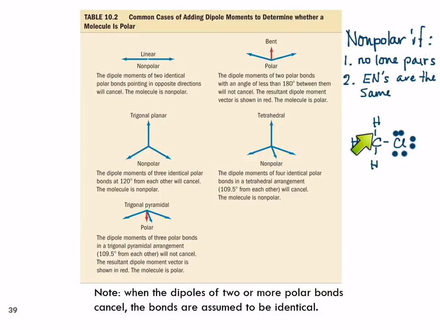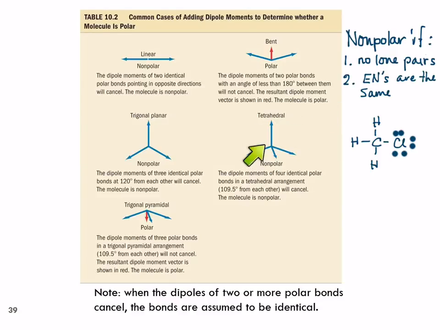So in this situation, the magnitude of the carbon-chlorine dipole is different than the carbon-hydrogen dipoles. So even though the angles are right, one of them is larger or smaller than the others, and so this one's going to be polar. For it to be nonpolar, both of these things have to be true.